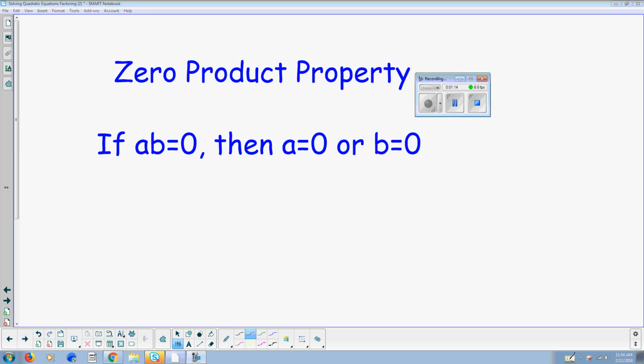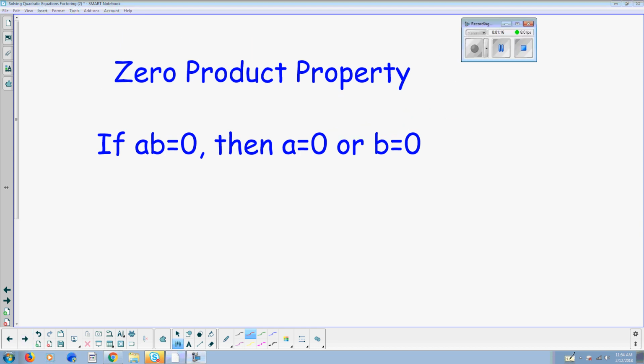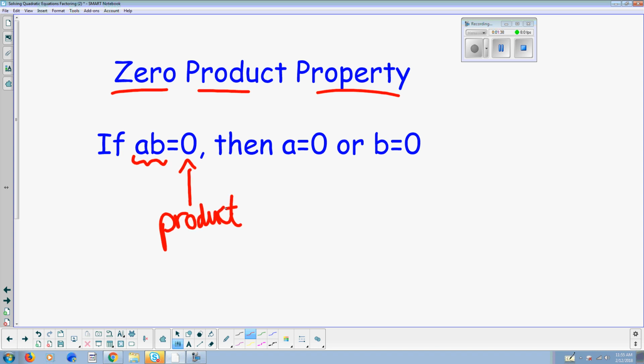This is a property that really enables us to solve any quadratic equation by factoring. It's called the zero product property, and it's really important. The zero product property says that if I multiply any two factors together and 0 is the product, well, how do I multiply and get 0 for an answer?